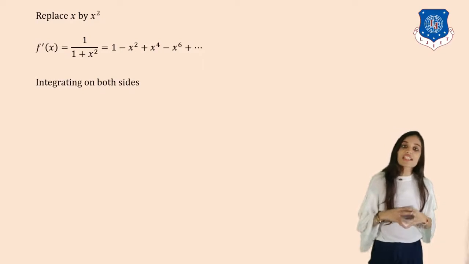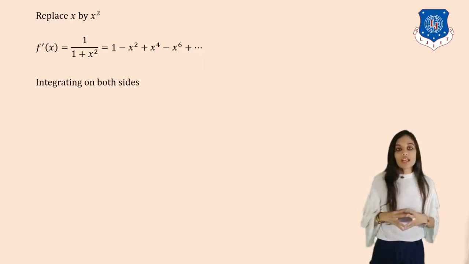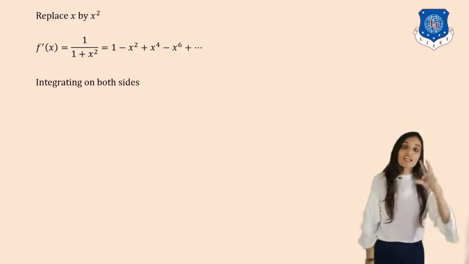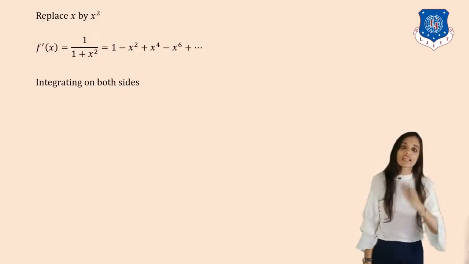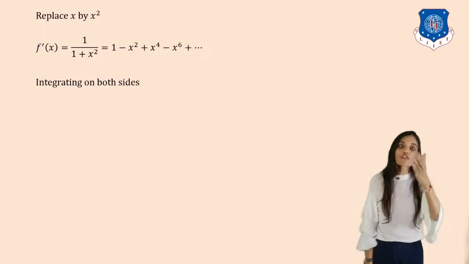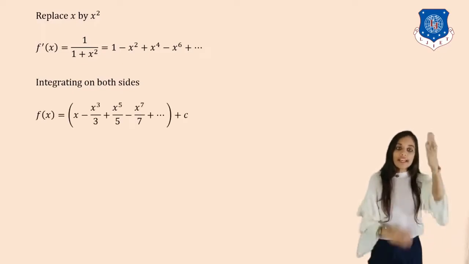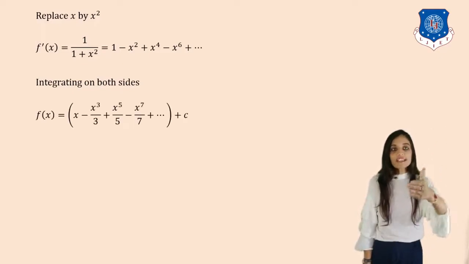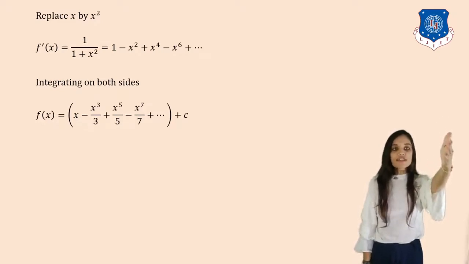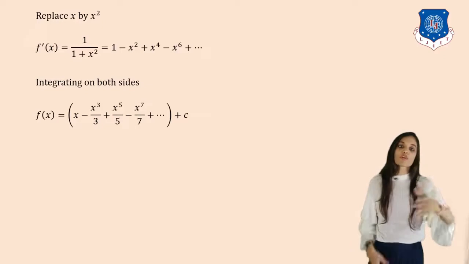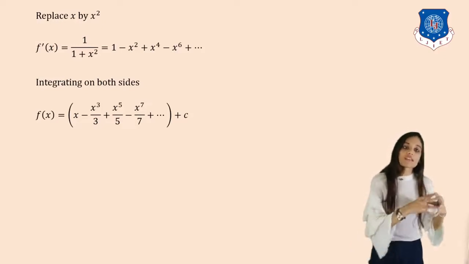This is our series expansion of f dash of x. Now in order to find the series expansion of f of x, we will integrate on both the sides. So finally f of x is equal to integration of 1, that will be x, integration of x square will be x cube by 3, integration of x raised to 4 will be x raised to 5 upon 5 and so on, plus c.